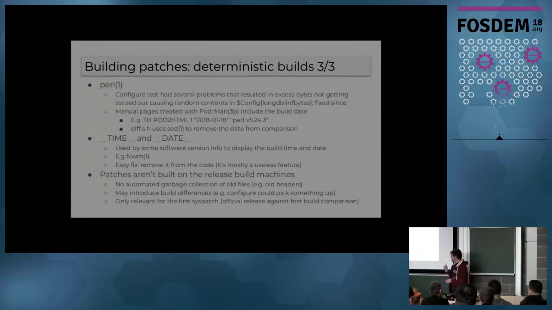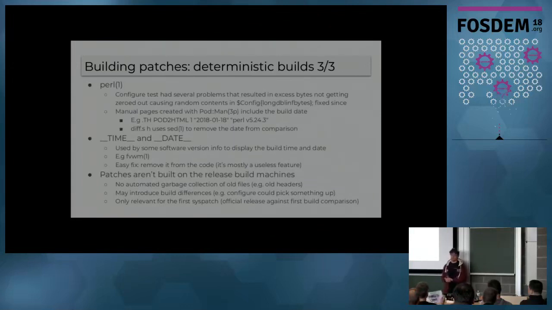And also something that was really unexpected is that patches aren't built on the release machines. The releases are actually built by Theo. The patches are built by Robert. So they're not built on the same machines, obviously. And on OpenBSD, we don't have any automated garbage collection of old files. For example, if we remove a header, then nothing will automatically remove it from the system.